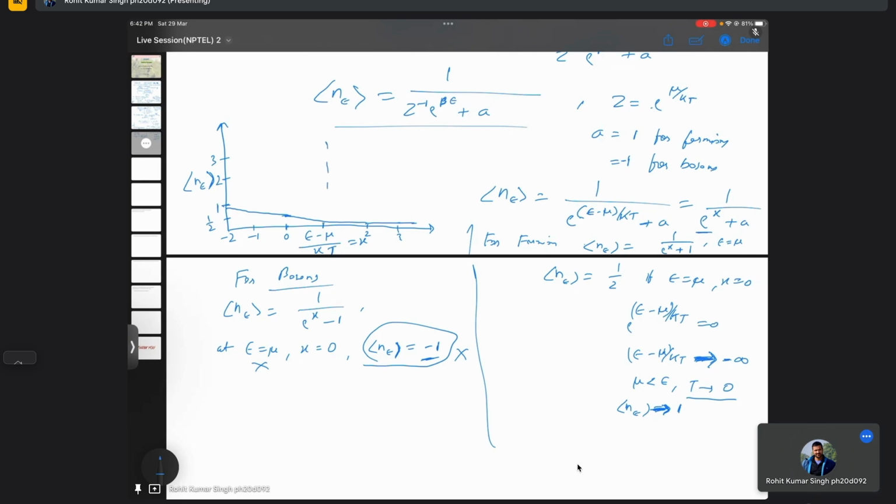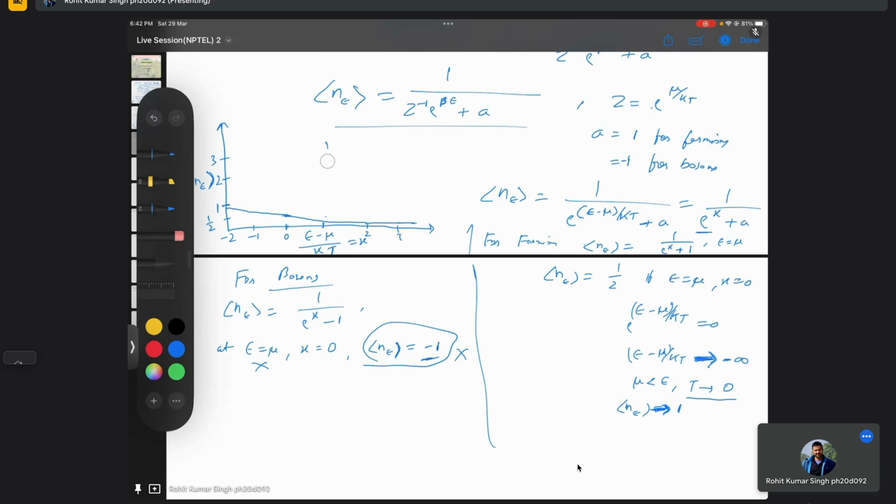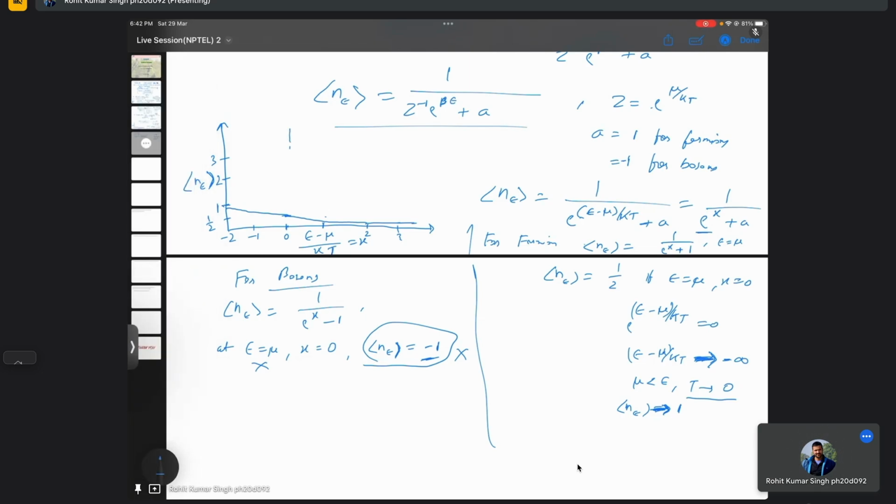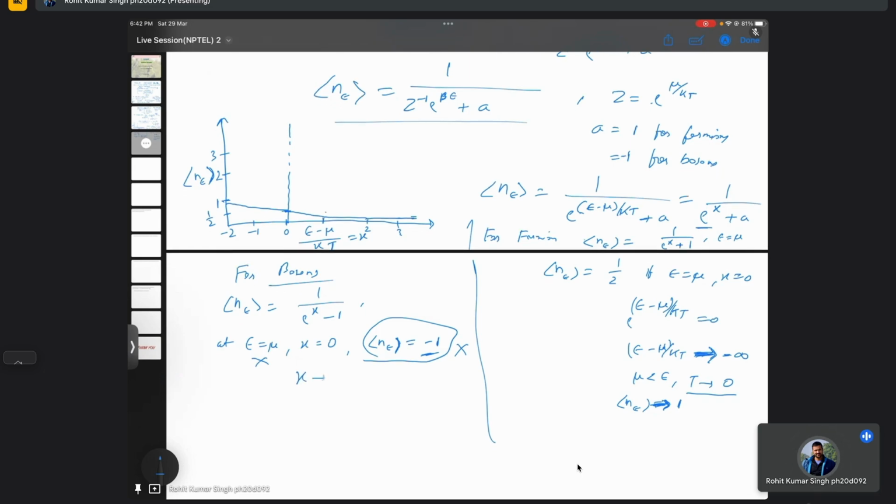So this is the 0. Since E can never be equal to mu, what can happen is x will tend closer and closer to 0, right?